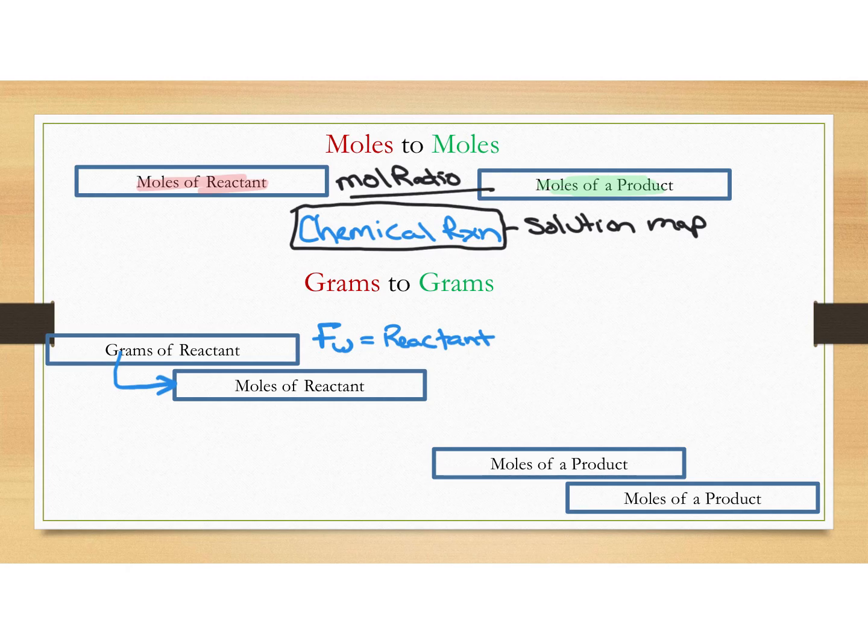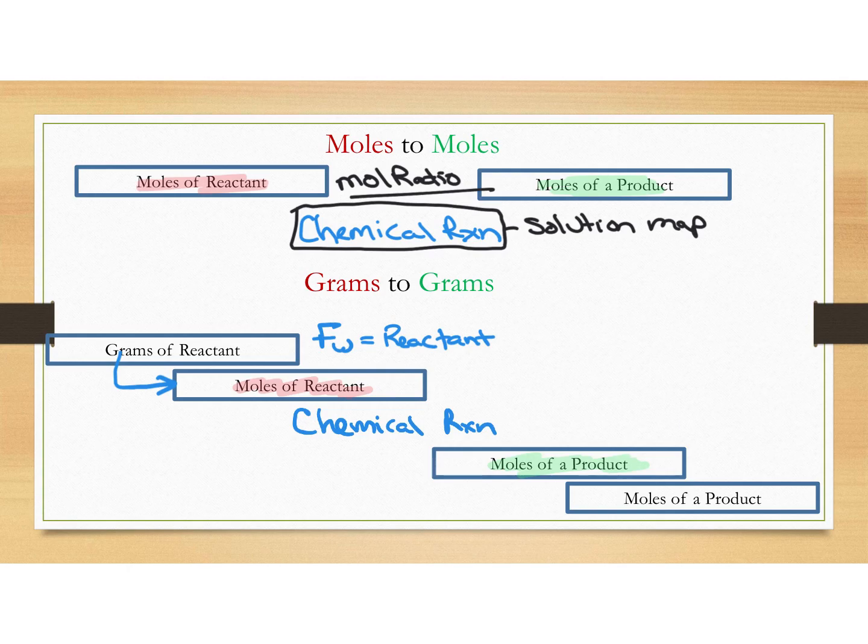Now, if I'm going from moles of my reactant to moles of my product, okay, we just talked about this. Moles of a reactant to moles of a product, I must use a chemical reaction. Okay, so the problem statement must have some sort of chemical reaction in it.